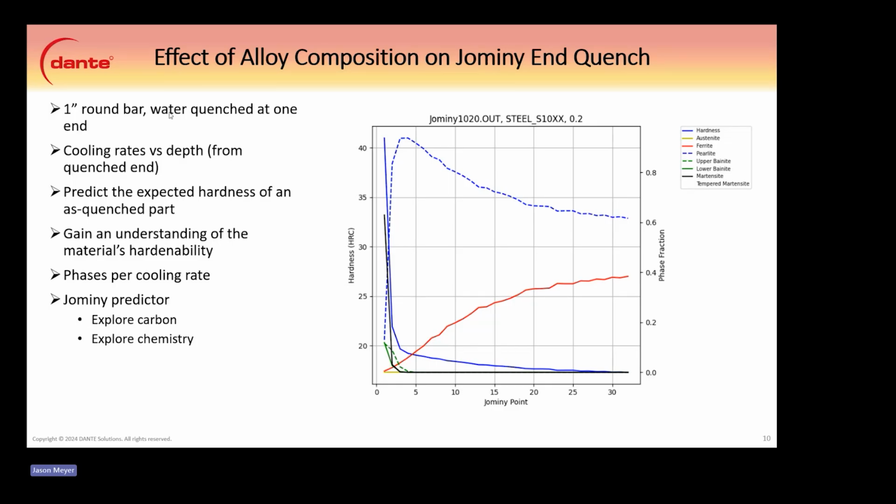But the Jominy end quench is really great because it gives you a bunch of cooling rates versus depth from the quench end, and it's used to predict the hardness of an as-quenched part, and to gain an understanding of the material's hardenability, because you can see what kind of phases and hardness you can get per that cooling rate, basically from the Jominy quenched end.